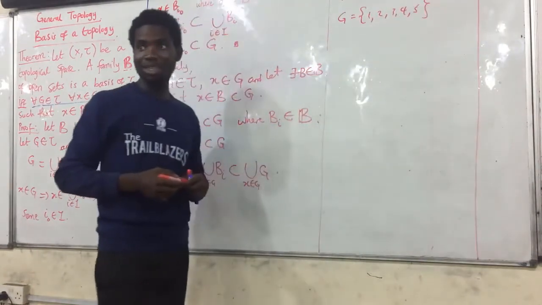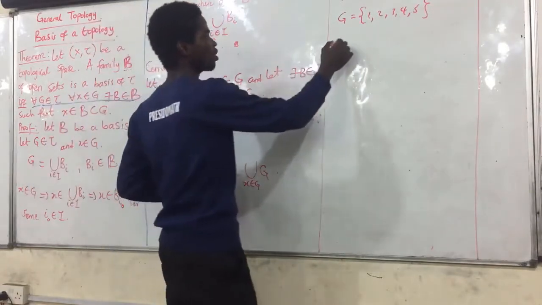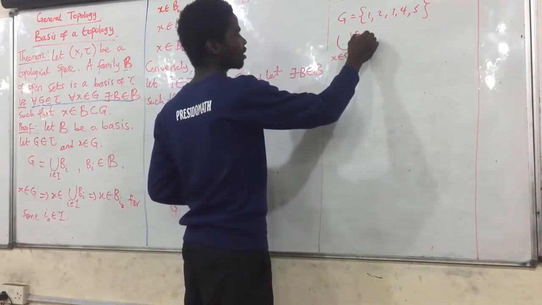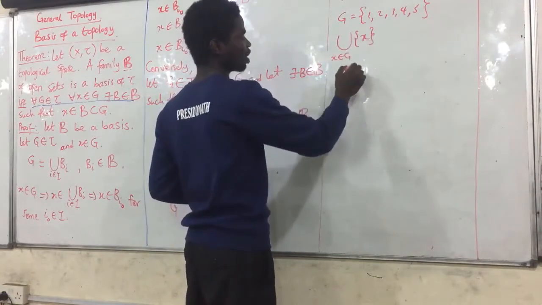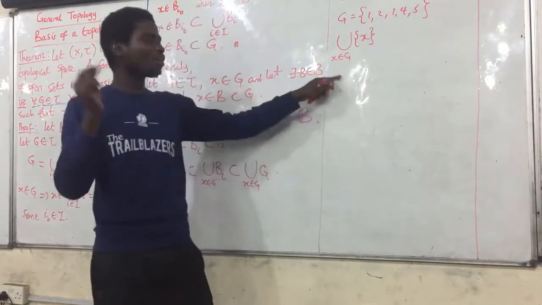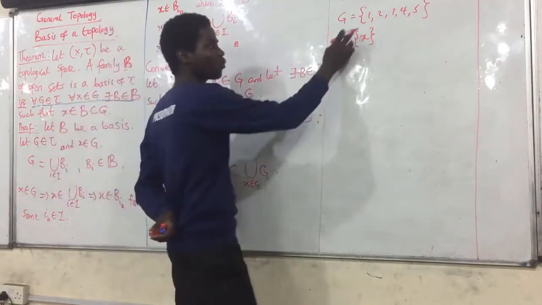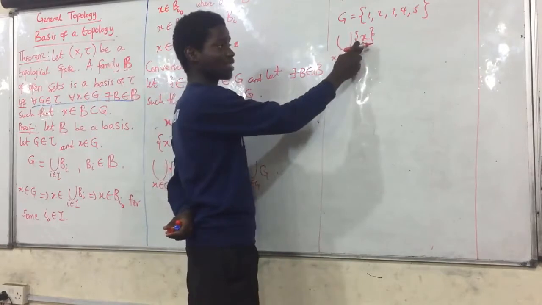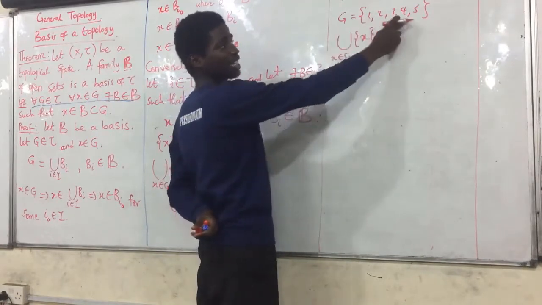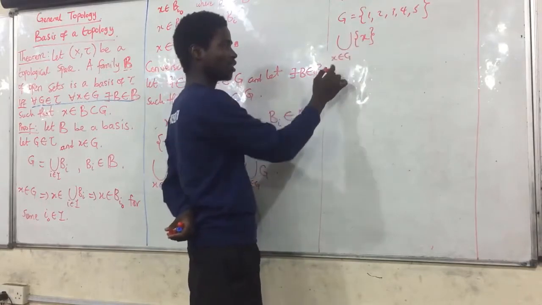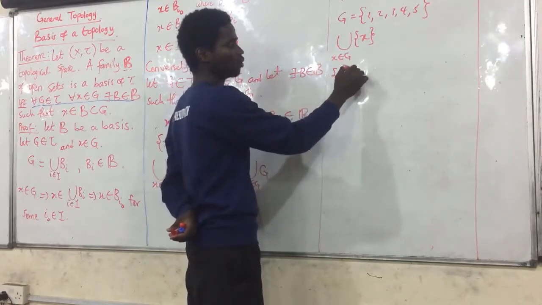And I say union of S in G of singleton S. That means you are taking the union of every element in G. It will give you G. 1 is in G, right? This S in G is representing 1, 2, 3, 4, 5. 1 is in G, right? That means singleton 1 union.